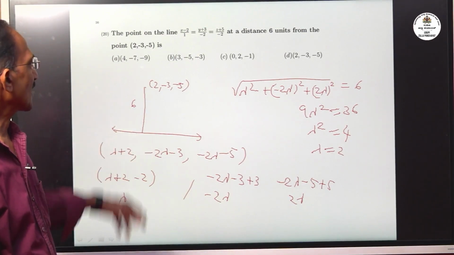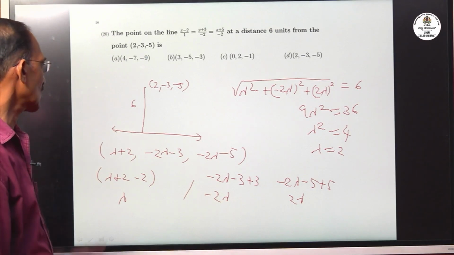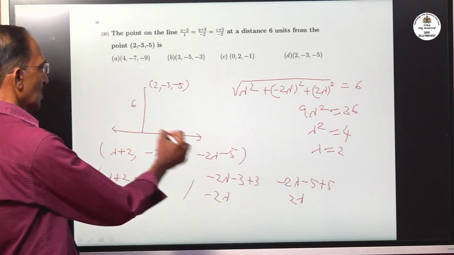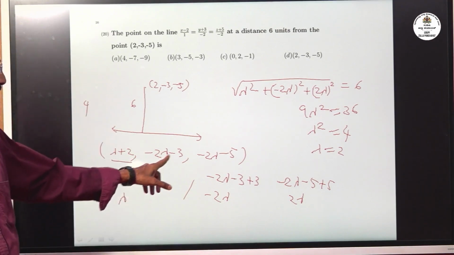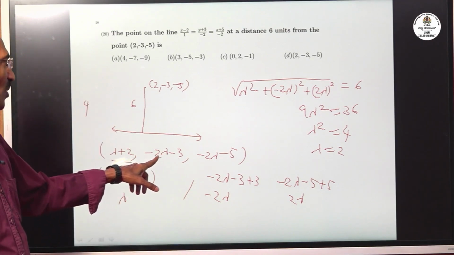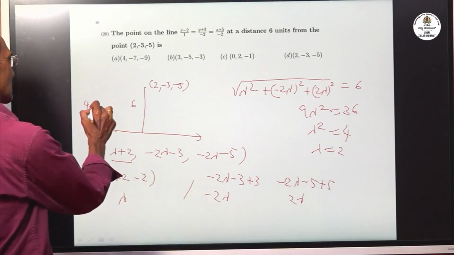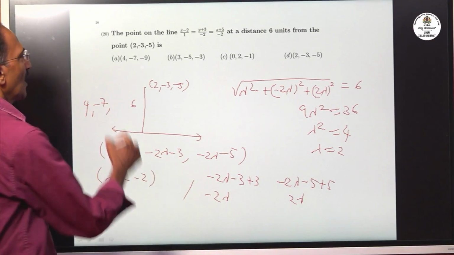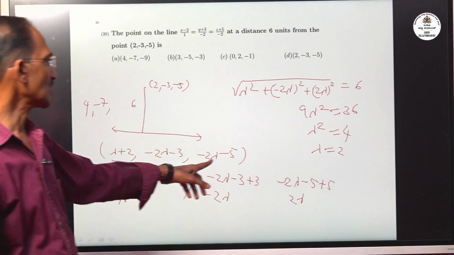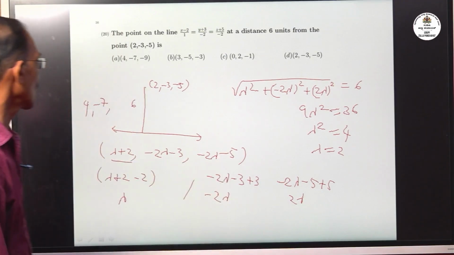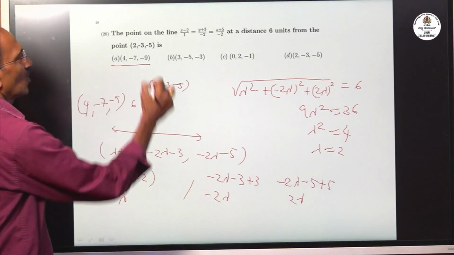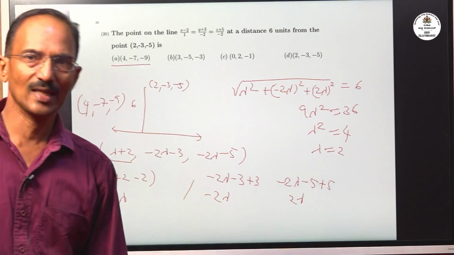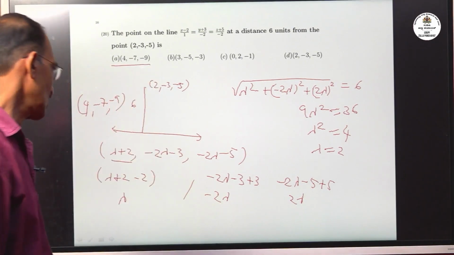That is 2 plus 2, which comes to be 4, and minus 2 lambda minus 3, that is minus 4 minus 3, which comes to be minus 7, and another one, minus 2 lambda minus 5, minus 4 minus 5, which comes to be minus 9. So (4, minus 7, minus 9) is the right answer.